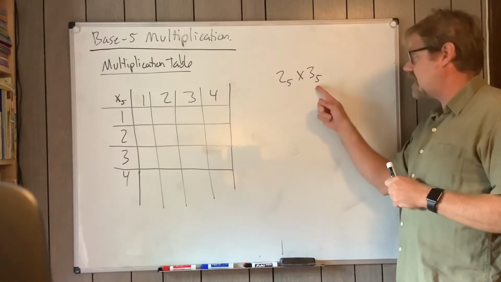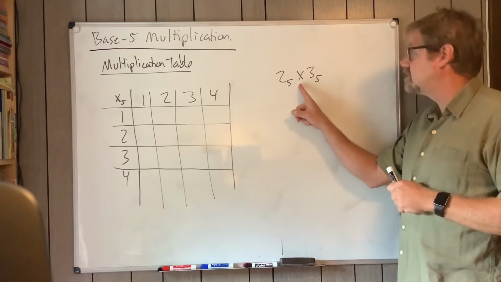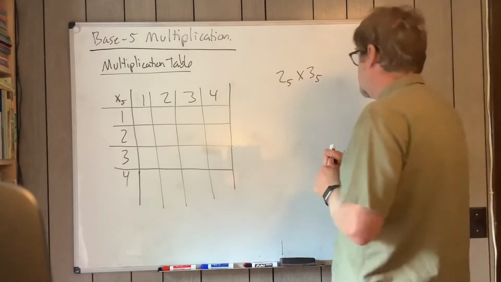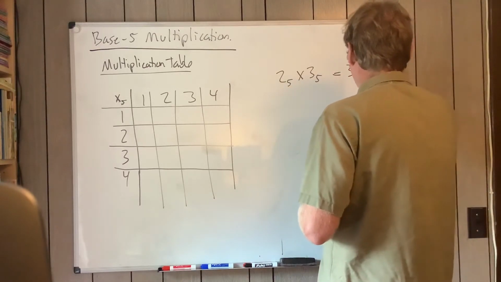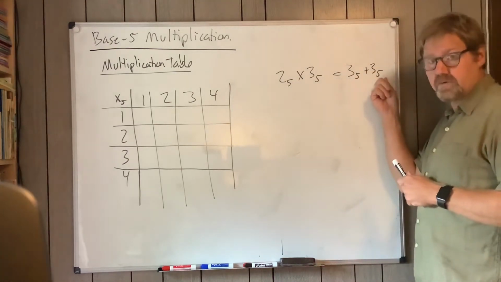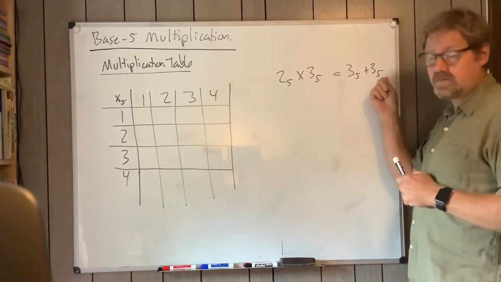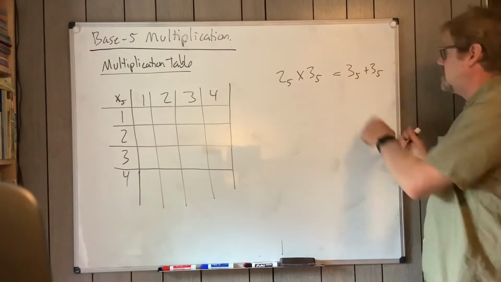Remember what that means, so I'm doing multiplication, it's repeated addition. So this is 3 base 5 plus 3 base 5. If you're still a little uncomfortable with the addition, you may need to go back and rewatch that. But basically what you've got is 3 plus 3.